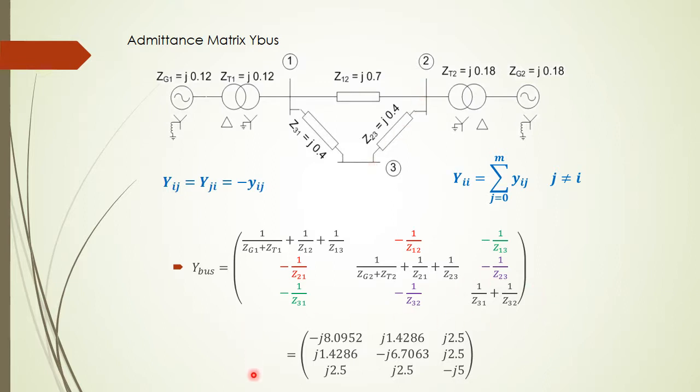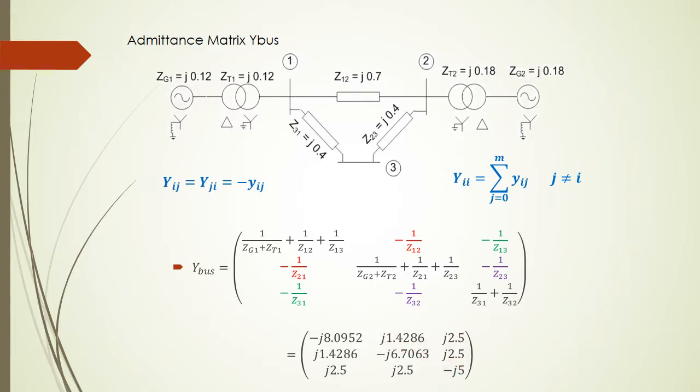So in the end, after calculation, we obtain the Y bus looking like this. Notice that because of this simple construction, if we have this Y bus given, we can rebuild the original circuit by looking at, for example, the non-diagonal elements.